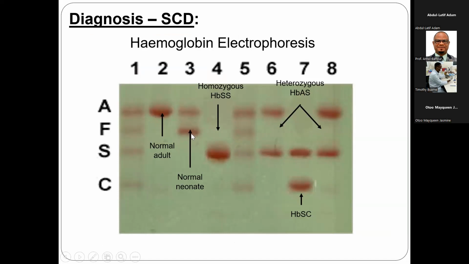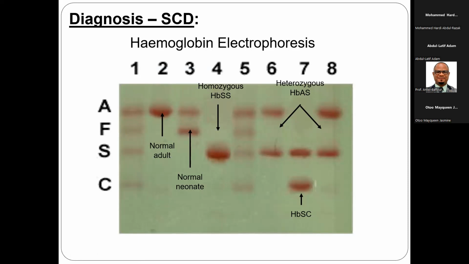This person is likely to be A. This is a normal adult, AA. Don't forget that we inherit this in pairs, so we are always going to express double of them. So when you have them on one spot, it means that the two inherited by you are the same. So that's why you have the AA and then the SS.